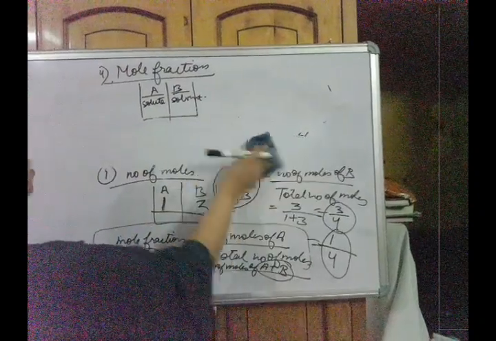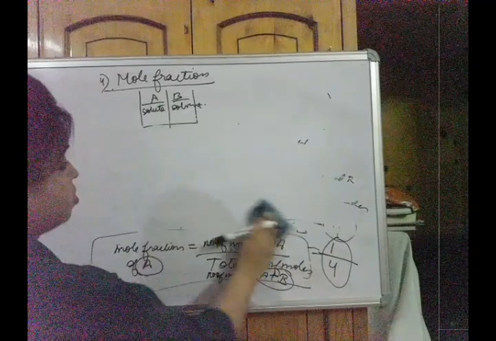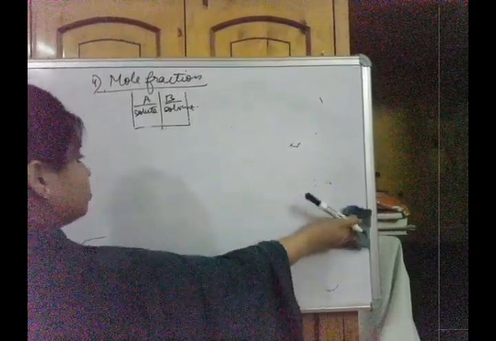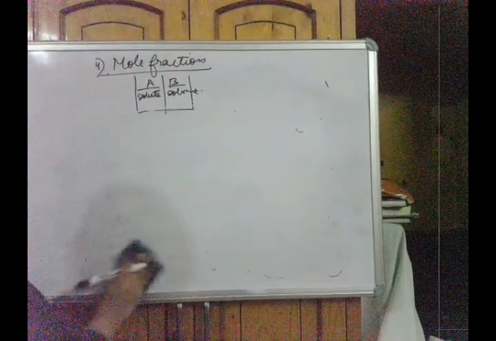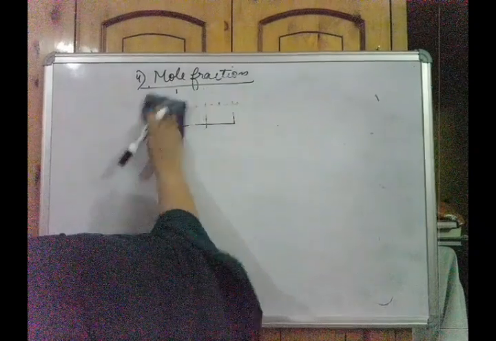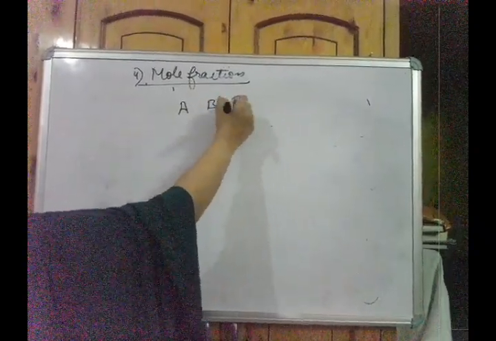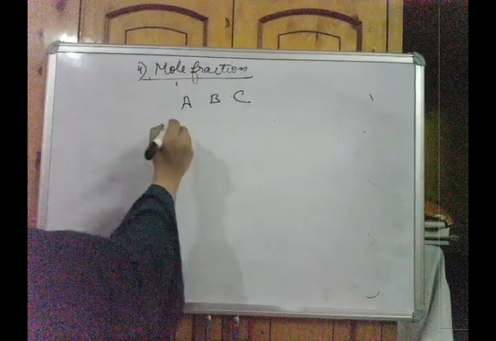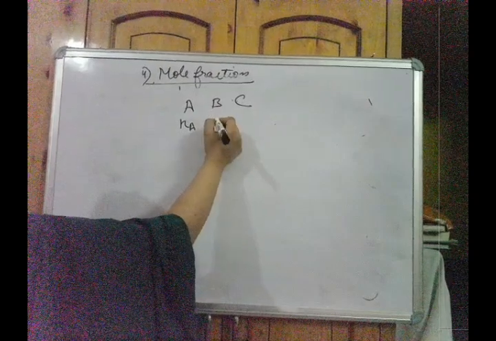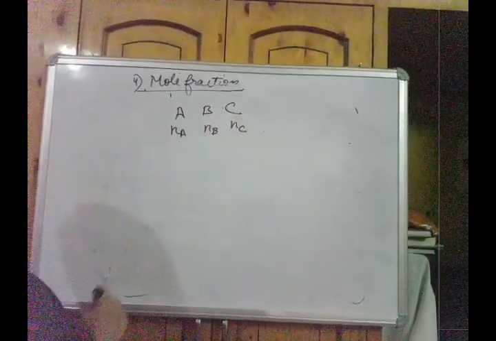See, for example, if we are having more than two components also, example we would be taking it after this. First it should be clear to you that if we are having now three components, that are A, B and C, then number of moles of A are Na, B is Nb and C is Nc.